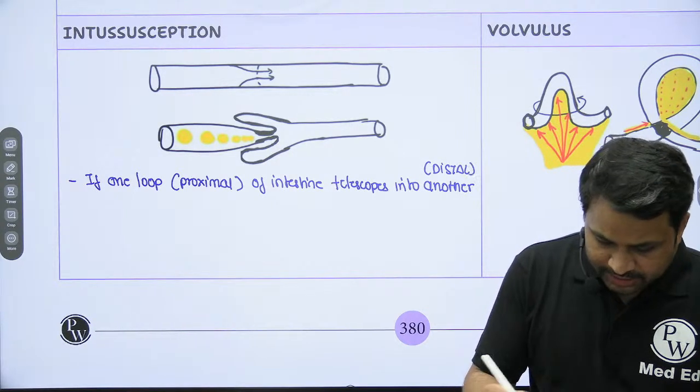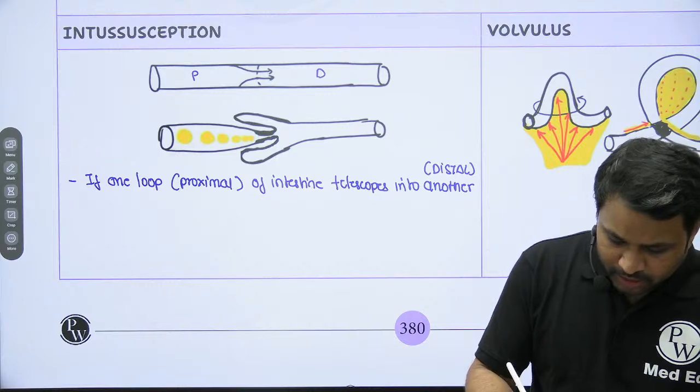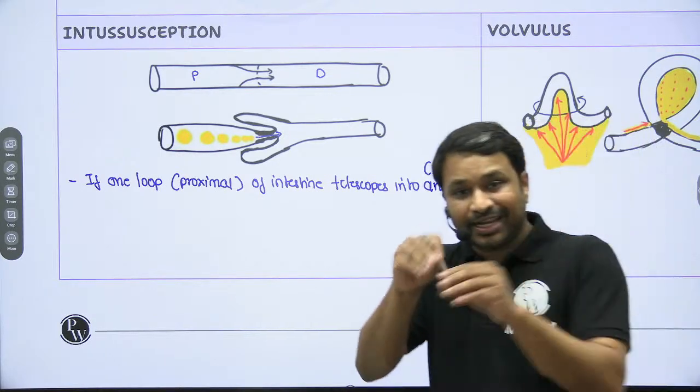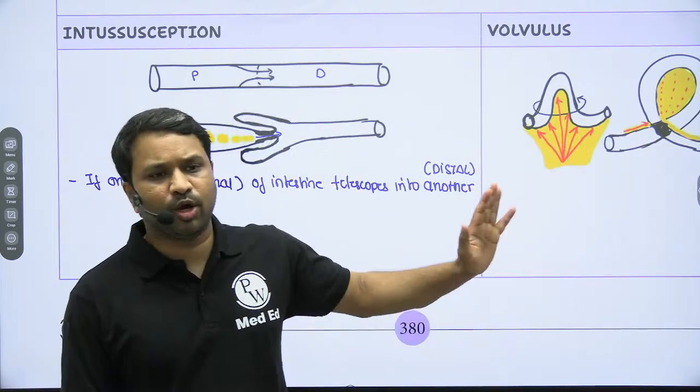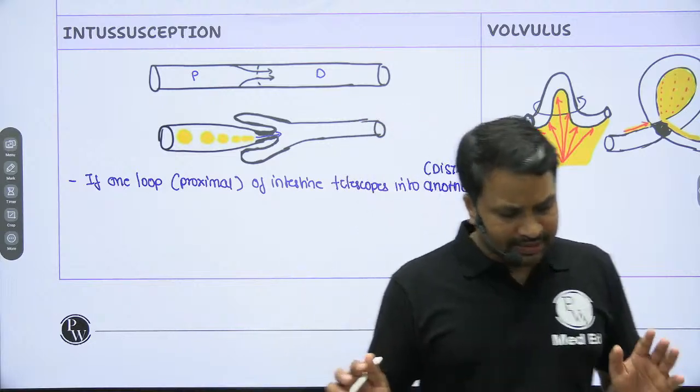You see, this is the proximal loop, this is the distal loop. The proximal loop goes and gets stuck into the distal loop, and this is what we call intussusception. As simple as that.